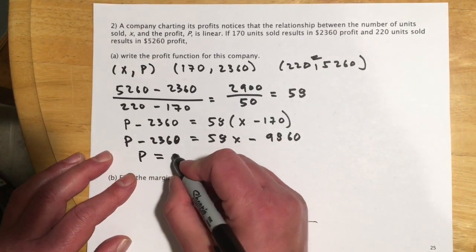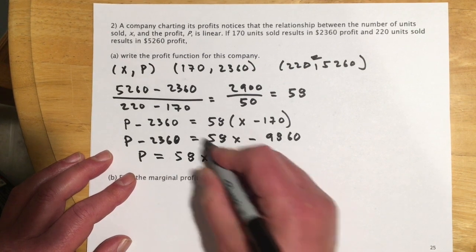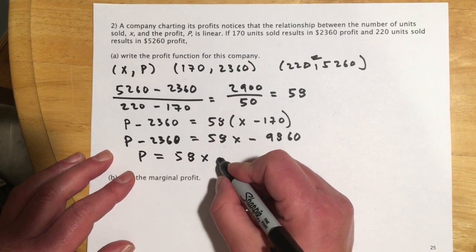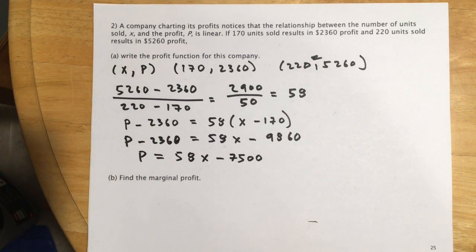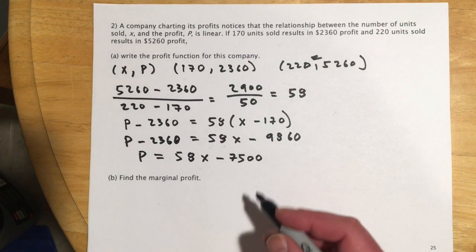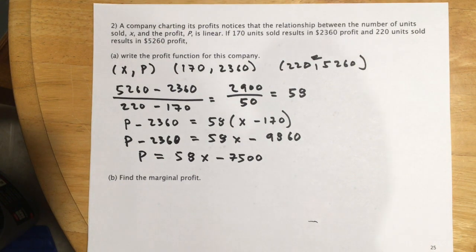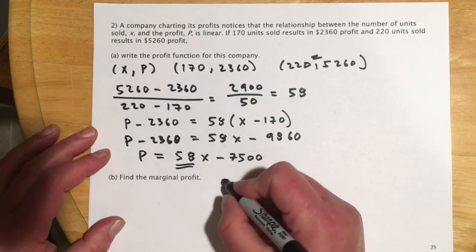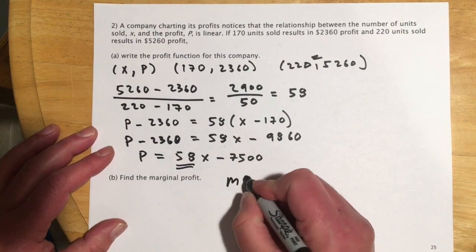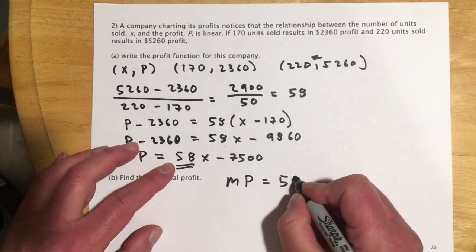So then p equals 58x, and that comes out to minus 7,500. So that would be their profit function. And then find the marginal profit. Remember, marginal anything is just the slope of the function. So if it's marginal revenue, it's the slope of the revenue function. So here, marginal profit would equal 58.